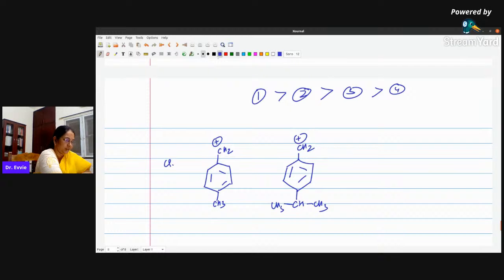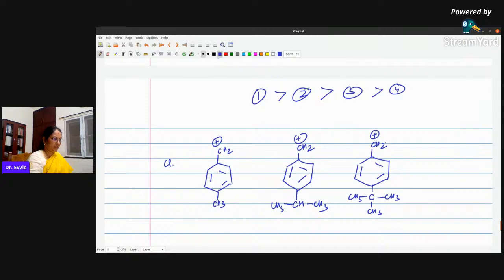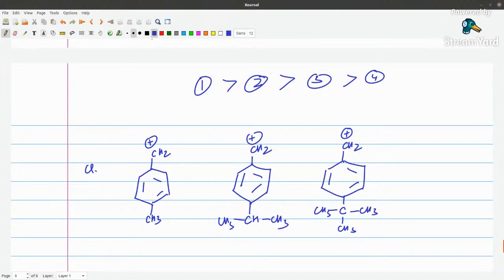The plus charge is already there. Can you just check and let me know the order, whether you can try this? Let me make it as 1, 2, 3.